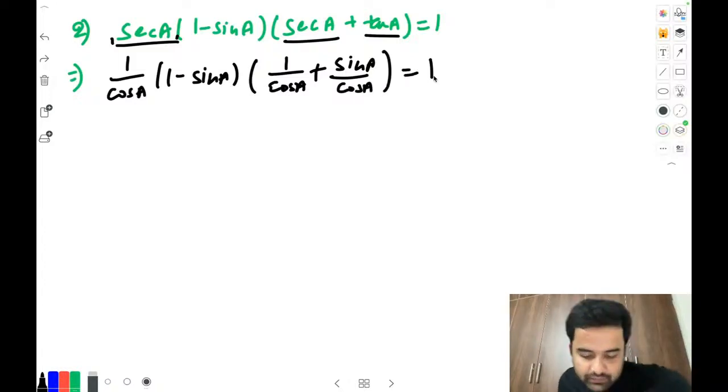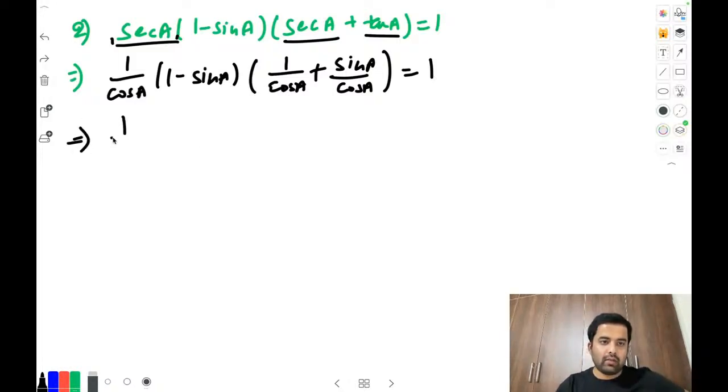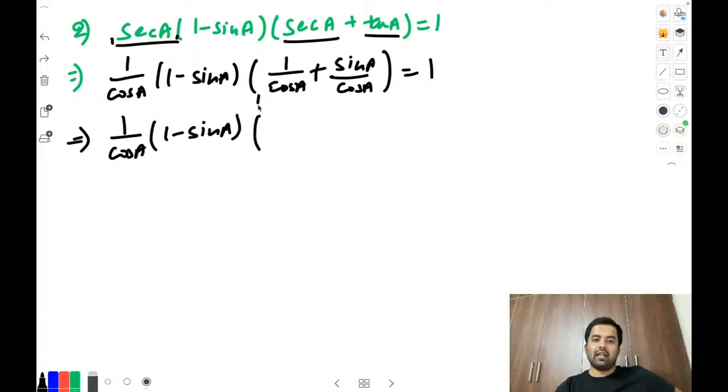Next thing, what can we do? Here, 1 minus sine A. Inside one, just take LCM. This part, take LCM now. Cos A is the LCM, 1 plus sin A will come.